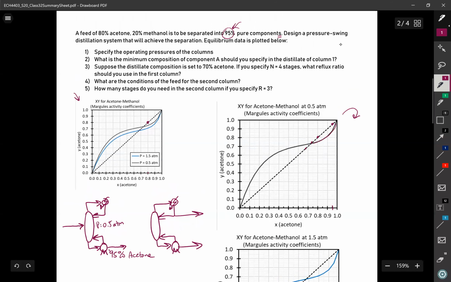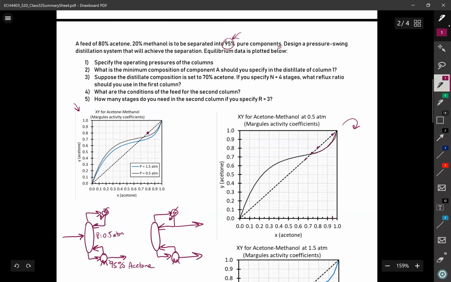The problem didn't tell me what my composition out of the top stream could be, but that's looking ahead to question 2. What is the minimum composition of component A you should specify in the distillate of column 1? We have some freedom over what to choose. So let's say we go to the maximum, and we say this is 73% pure acetone out of the tops.